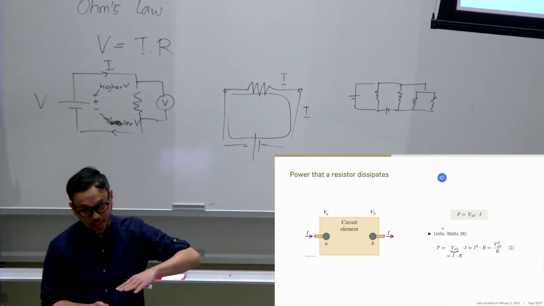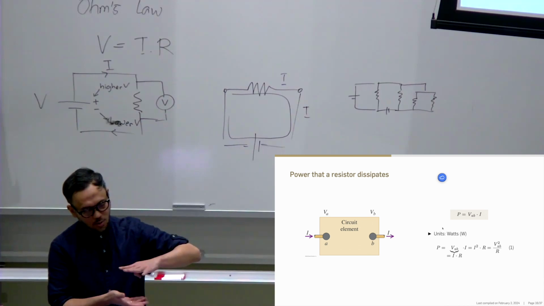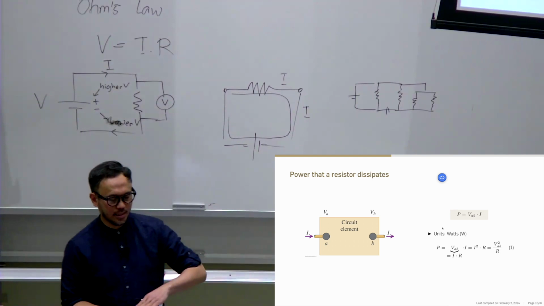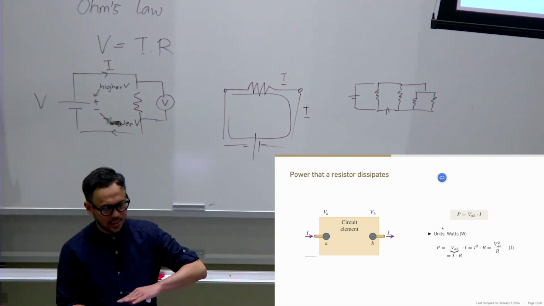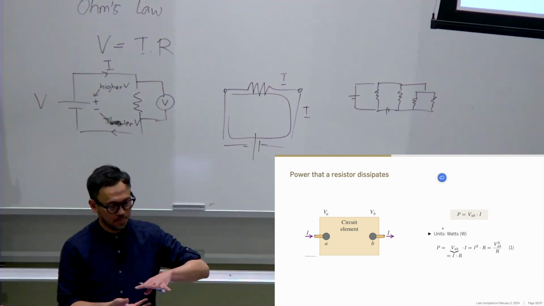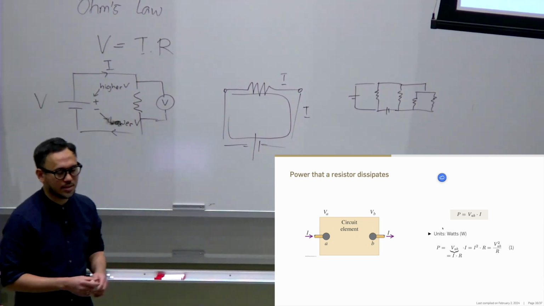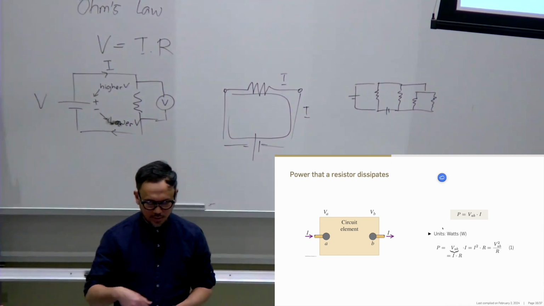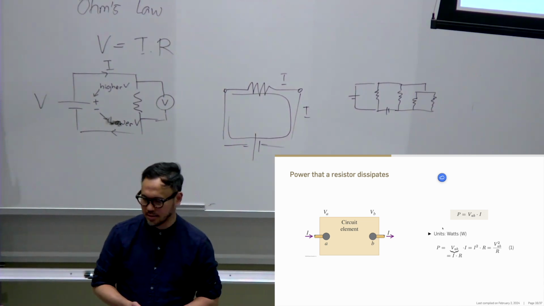And then in the middle of the semester, you will learn about inductors that store energy in the form of magnetic field. But one thing that you probably pick up from perusal is that resistors don't store energy. They dissipate energy. This is why when you touch resistors, you feel heat. And in the old days, many stoves are basically resistors. Okay.